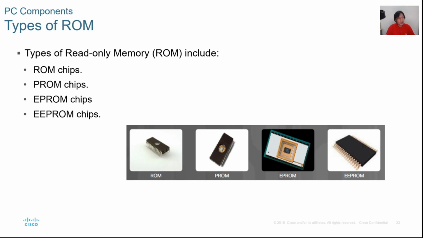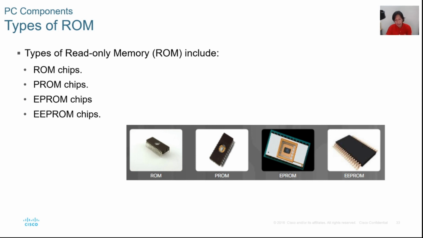With read-only memory chips, once we write the information inside the chip, that's it. You can no longer add any more data, and mostly you will not have the chance to erase or rewrite that chip anymore.